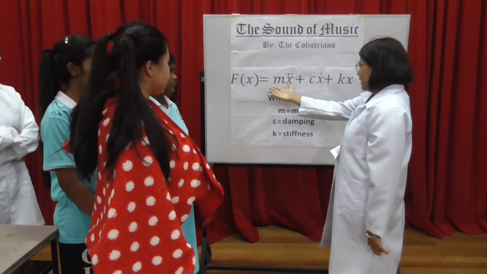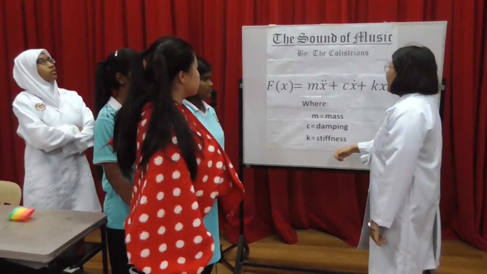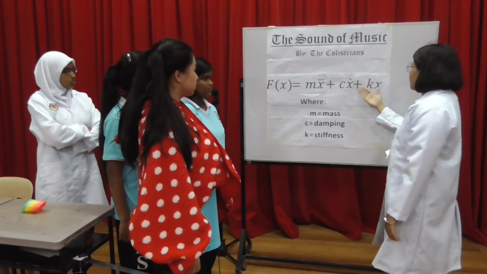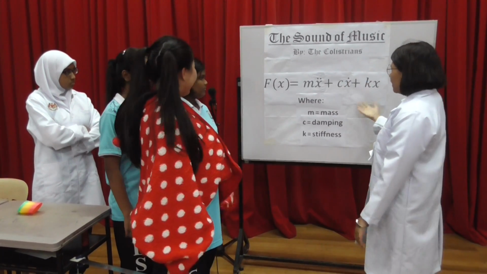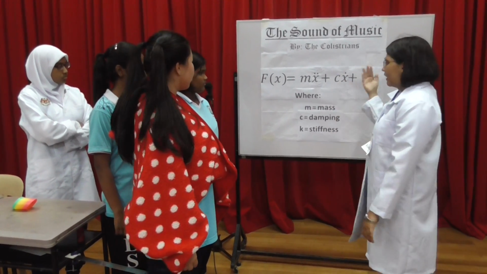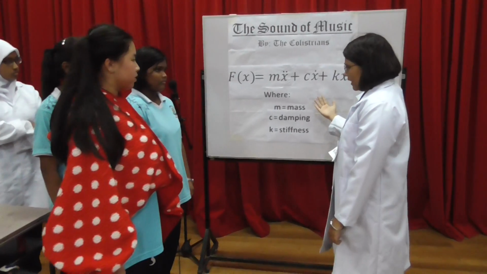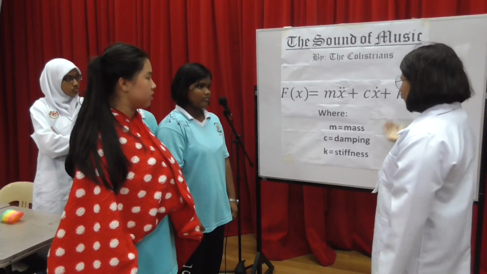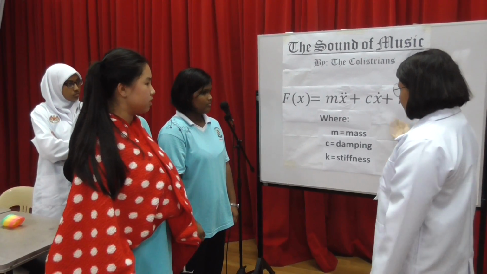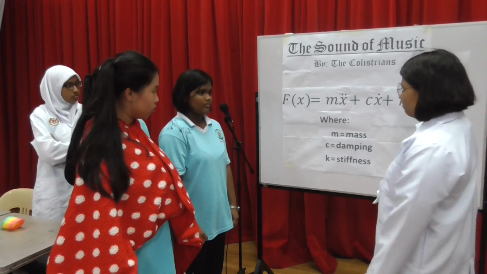The left side of this equation is the forcing function, and the right side is the resultant vibration. The solution to this system in the case of free vibration reveals that there exists a natural frequency which is proportional to the square root of stiffness divided by mass.